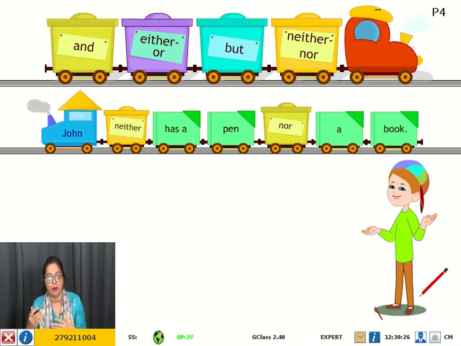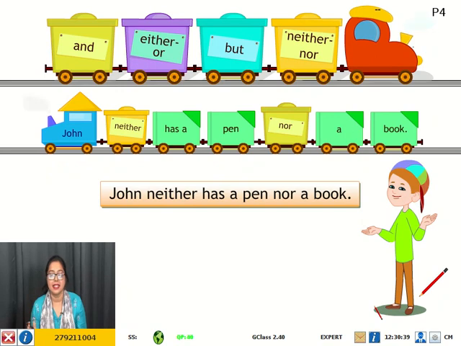So see how completely, when we are changing the connectors, the meaning of a particular sentence is getting changed. Yes or no? Yes, very good. So see here, look at the sentence. This sentence is saying John neither has a pen nor a book.